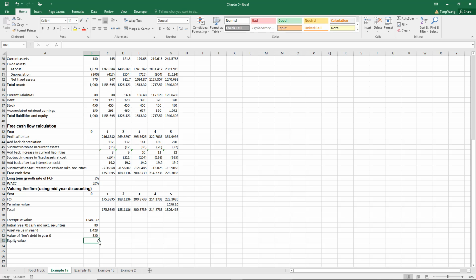But for equity, they're going to be typically very different, as you can see from this case. So the market value, according to my analysis of this company's stock, should be equal to its total value minus the debt value. That's going to be my estimated equity value of the company.